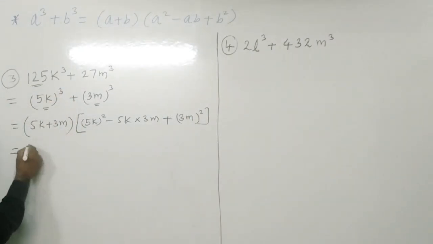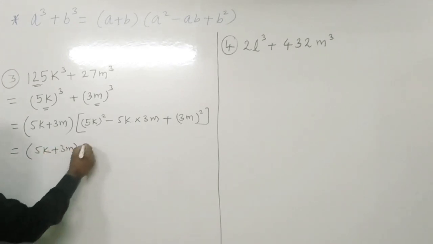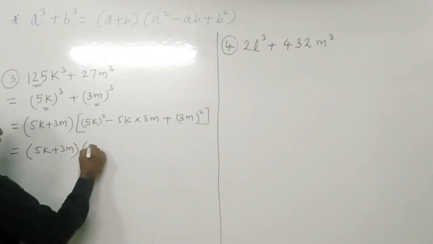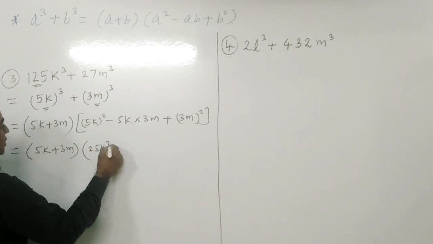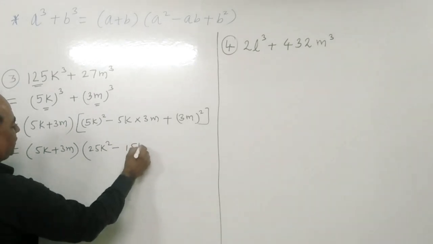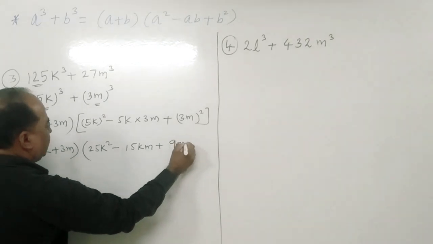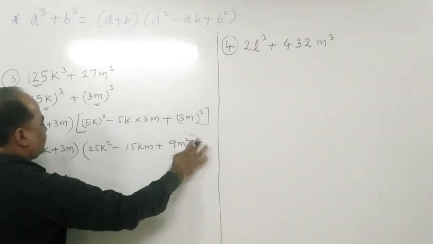So now the first bracket is 5k plus 3m and in the second bracket 25k square minus 15km plus 9m square.